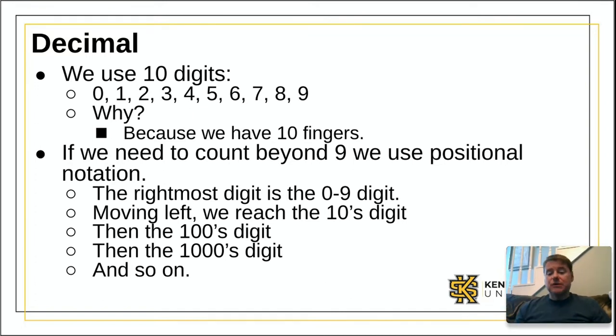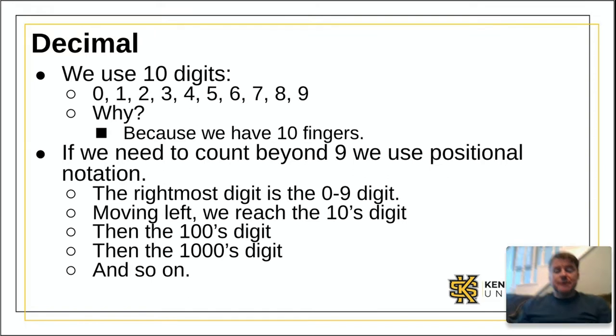But what happens if you need to represent something bigger than 9? Well, the way that we did that in our system is we just use positional notation. The number on the right-hand side represents the digits between 0 and 9. The next number over to the left represents the tens, then the hundreds, then the thousands, then the 10,000s, and so on and so forth.